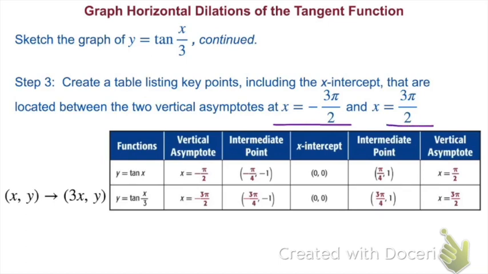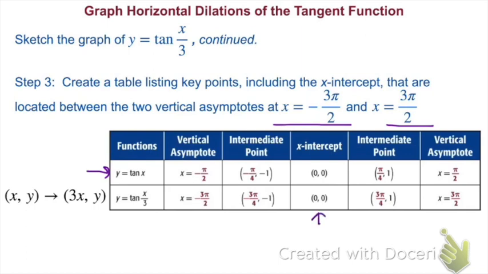So in my table, I use the parent function first. And normally our vertical asymptotes are at negative pi halves and pi halves. That's what my endings are. The x-intercept with the tangent and cotangent functions is halfway between the asymptotes. If you go halfway between negative pi halves and pi halves, your x-intercept is at 0, right here in the middle.